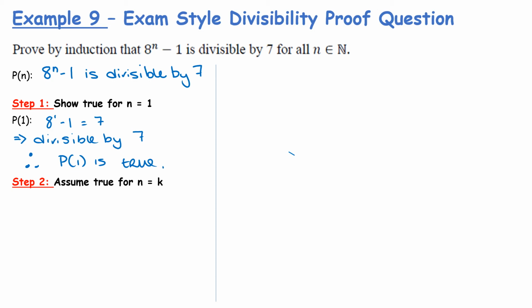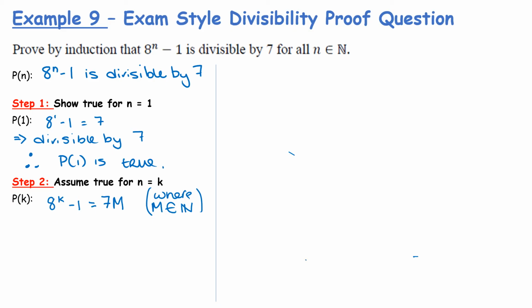Okay, so step 2, assume true for n equals k. So I'm going back to my method of this equal to a number. So 8 to the power of k minus 1, I'm going to assume that it's divisible by 7. So I'm going to write it as 7m, where m is an element of the natural numbers.